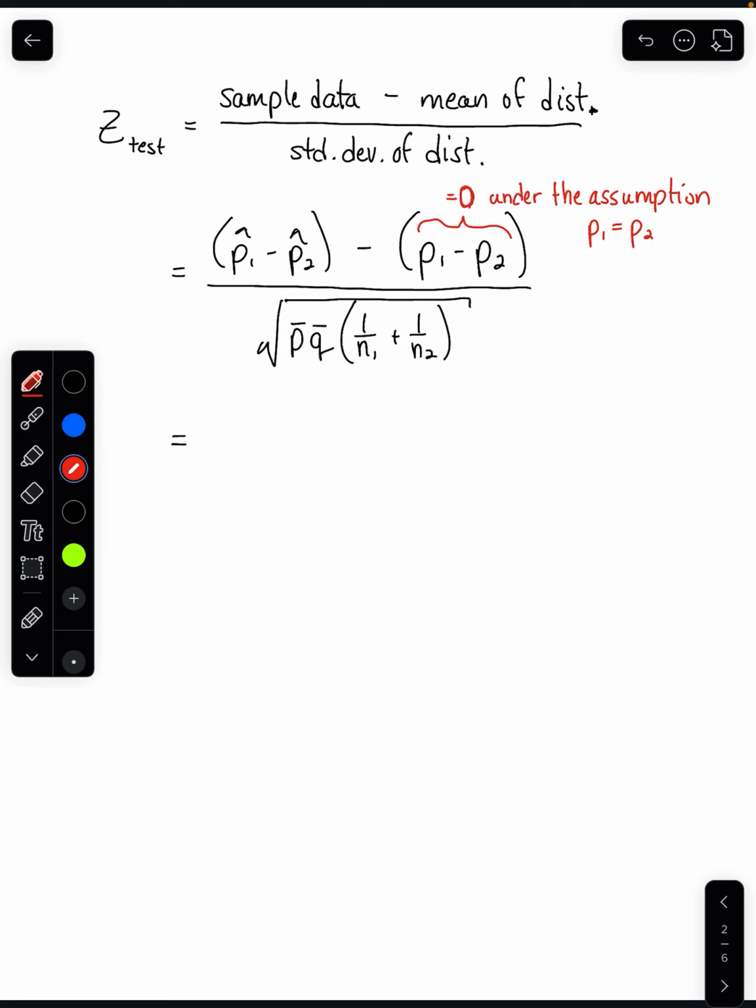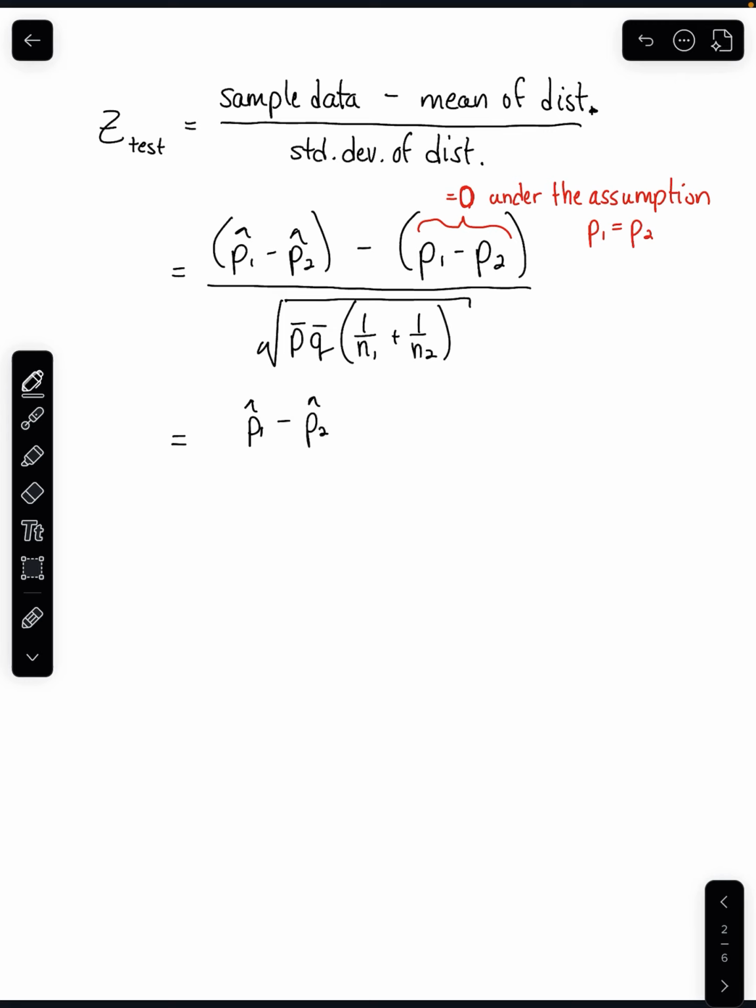Remember that the null hypothesis is assumed to be true, and that provides the basis for the entire test. This is often then simplified to simply be p sub 1 hat minus p sub 2 hat over the square root of p bar times q bar times 1 over n sub 1 plus 1 over n sub 2. And this is our test statistic formula.